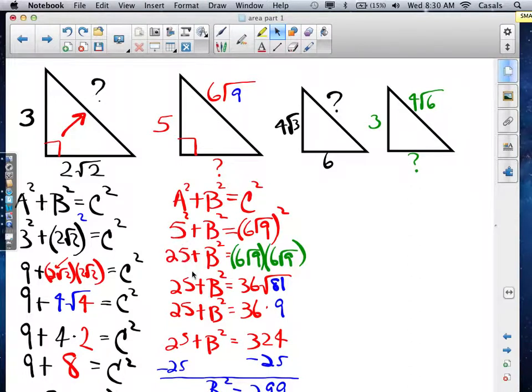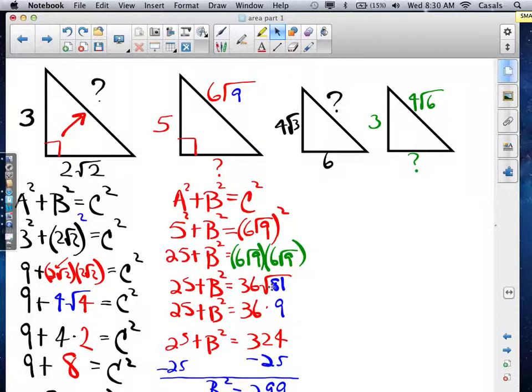5 squared is 25. My b squared comes down. And now I'm going to be squaring my hypotenuse. I'm going to be multiplying it times itself, because that's what squaring means. So my 25 comes down, b squared comes down. Now, 6 times 6 is 36. The square root of 9 times the square root of 9 is the square root of 81.